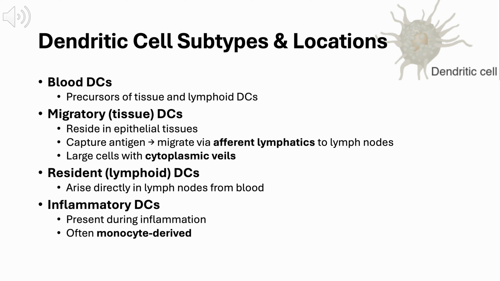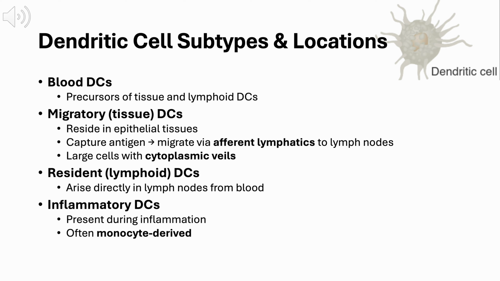After activation, they travel through afferent lymphatic vessels to nearby lymph nodes. These are large cells with prominent cytoplasmic projections, or veils, that increase their surface area for antigen sampling and interaction with other immune cells. Resident dendritic cells, by contrast, arise within lymphoid organs directly from blood-borne precursors.